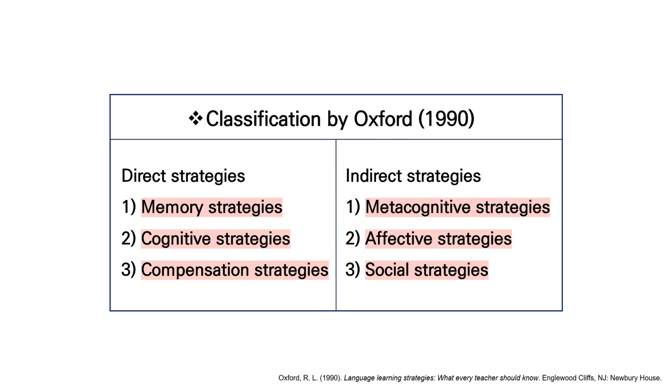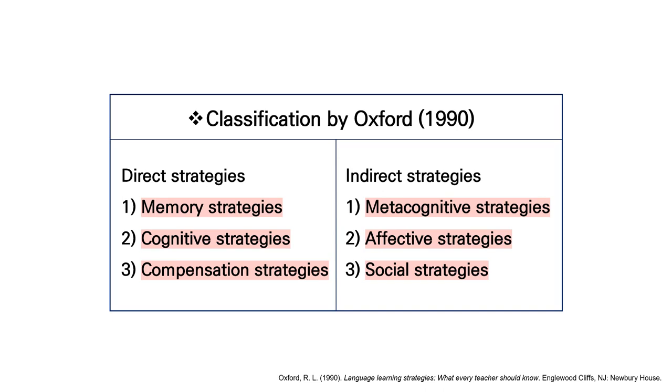There are various kinds of learning strategies, but the most widely used classification is the taxonomy by Oxford in 1990. According to this system, language learning strategies are divided into direct strategies and indirect strategies. Direct strategies involve the use of the target language, which consists of memory strategies, cognitive strategies, and compensation strategies.